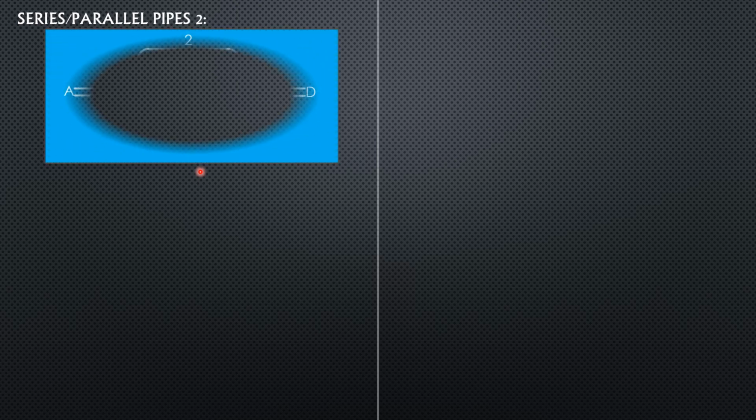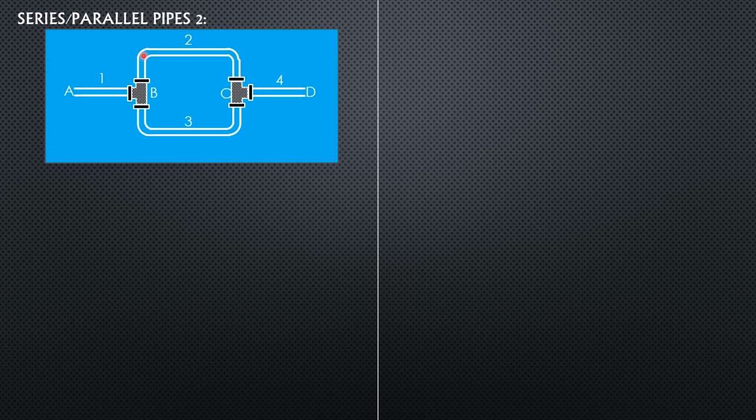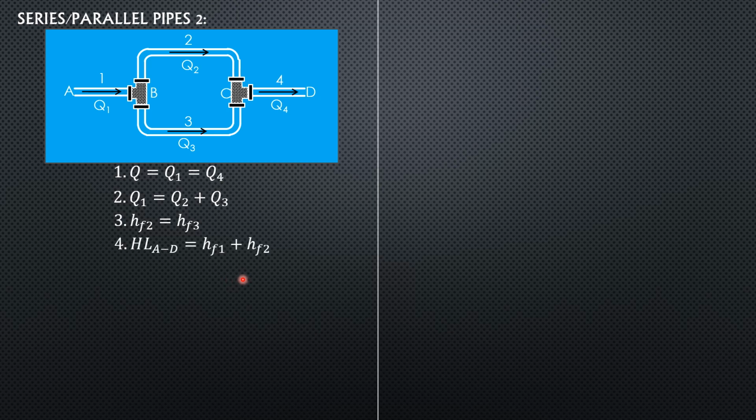For series parallel pipes case 2, we have here a situation. Actually, this is the same as before. That is, for discharge, Q equals Q1 equals Q4, and Q1 equals Q2 plus Q3, and pipes 2 and 3 are parallel, so HF2 equals HF3, and therefore the total head loss is HF1 plus HF2 plus HF4, which is the same as before.